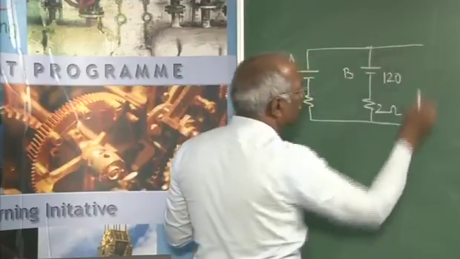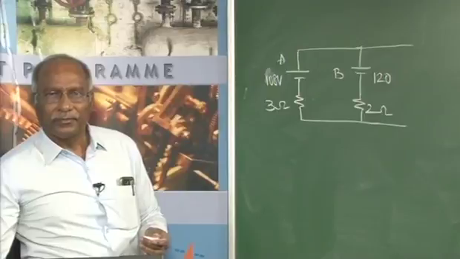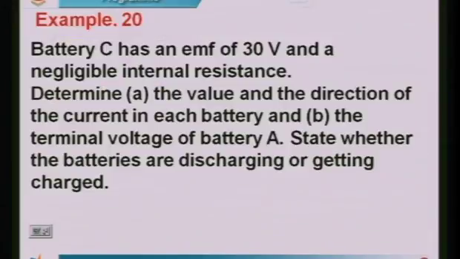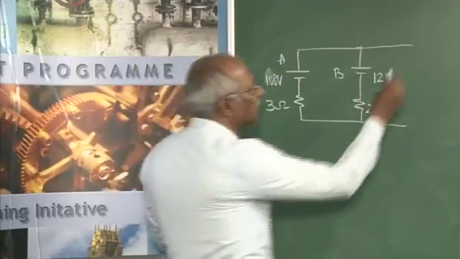This is connected to another battery. Battery C has an EMF of... Connected across the battery terminals is a circuit consisting of a battery C in series with a 25 ohm resistor.